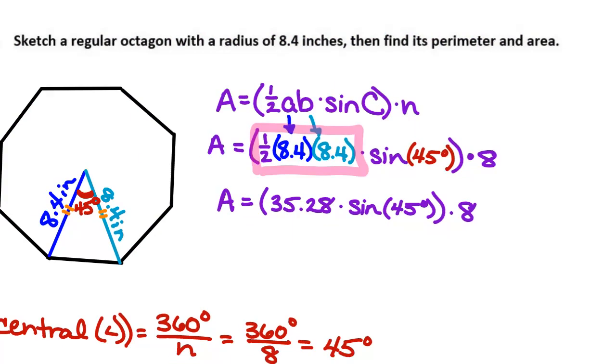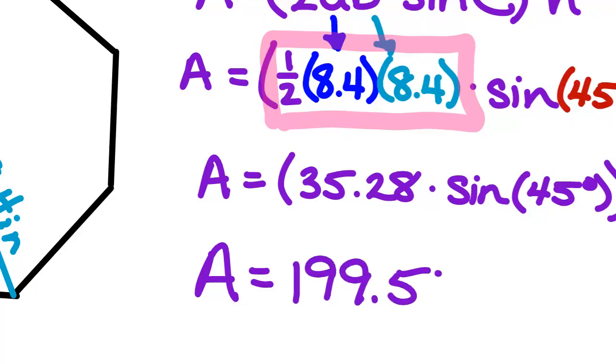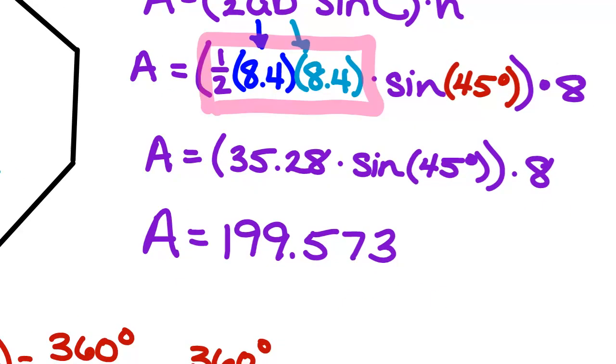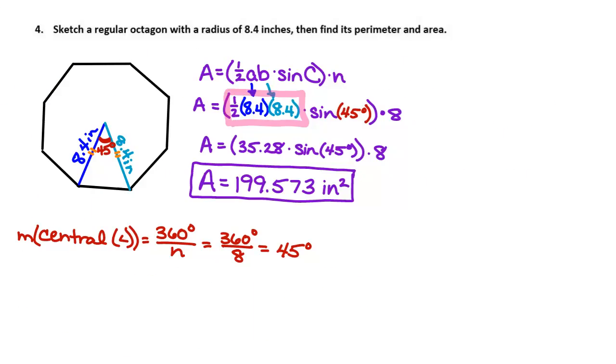So let's pop that into your calculator. What do we get for the area? You said 199? Yes, 199.573. 574, depending on how you round. Should we put units with that? Yes. Inches? Inches squared because it's area. Nicely done. Okay, so we found the area.